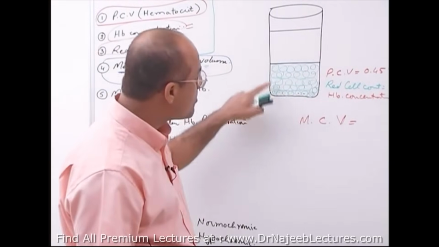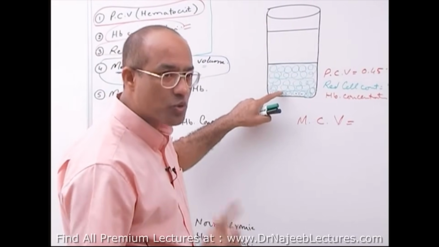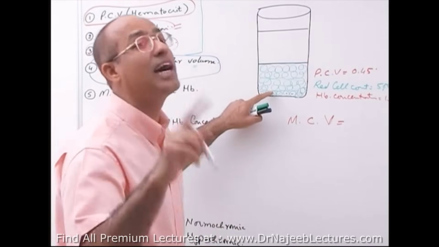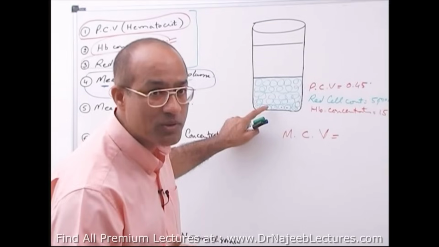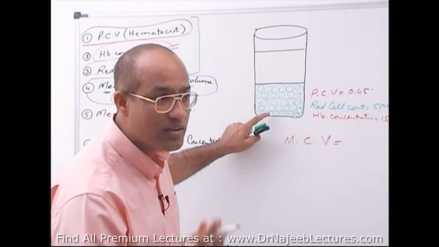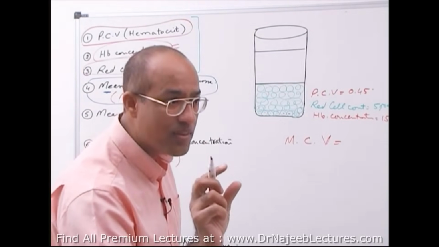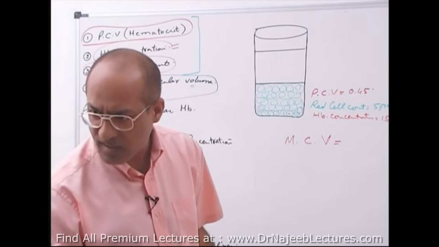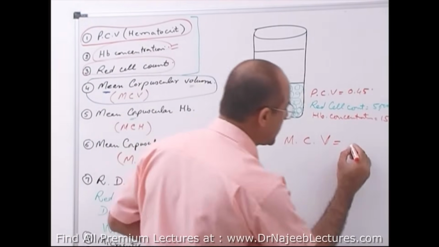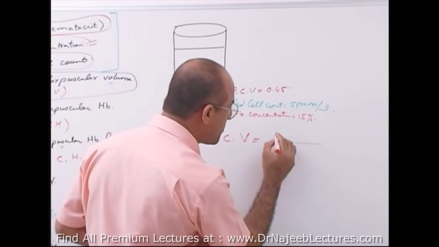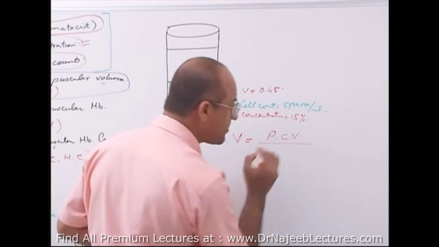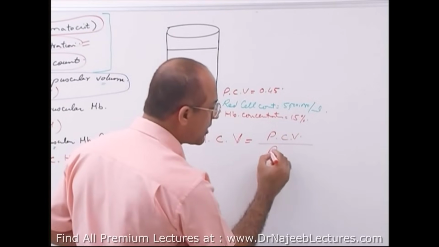The total volume occupied by all the RBCs divided by the number of RBCs will give you the volume occupied by one RBC. Is it difficult? So that is such an easy calculation. Mean corpuscular volume is total volume. What is total volume? Packed cell volume divided by red cell count.